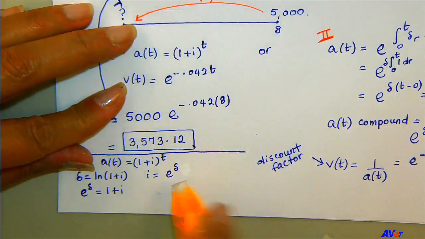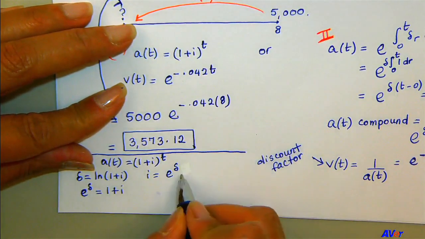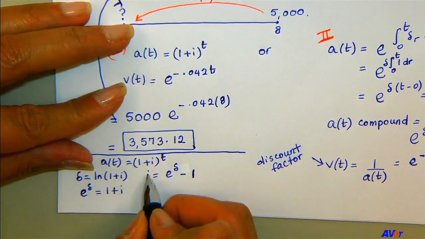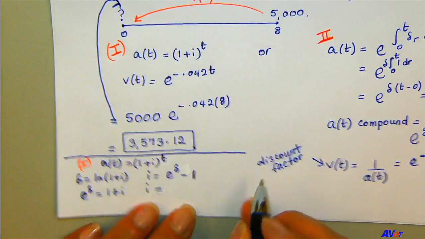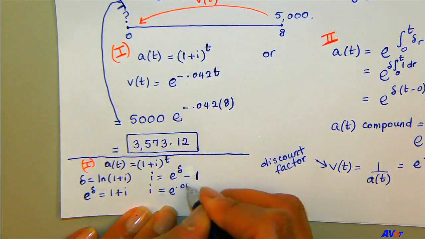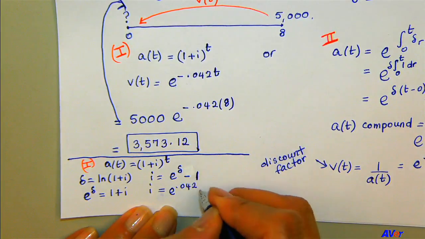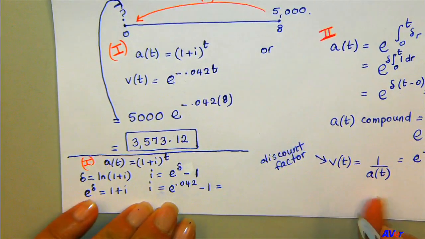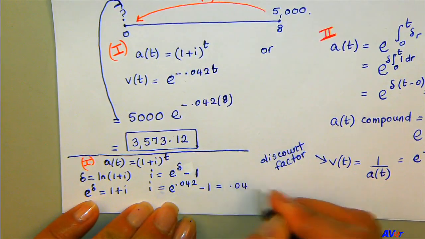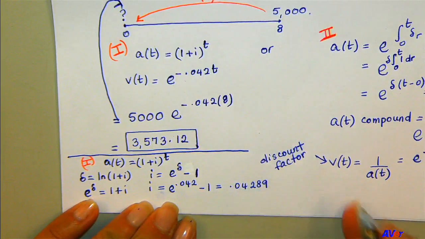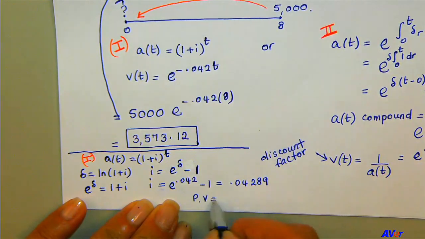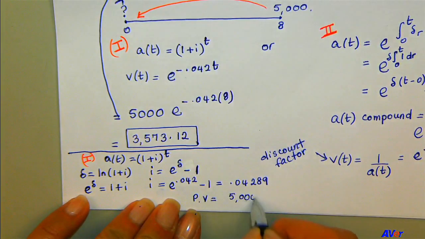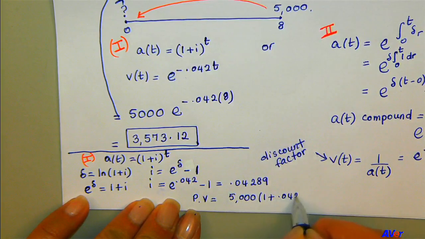The minus 1 is on the bottom. E to the delta minus 1. So can you get me the I that goes with this problem, please? What is I? E to the 0.042 minus 1. What do you get? 0.04289. Thank you. And then the present value is now equal to 5,000 times 1 plus 0.04289.